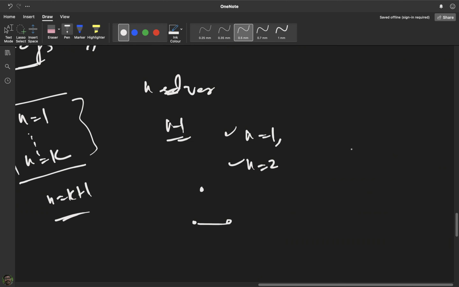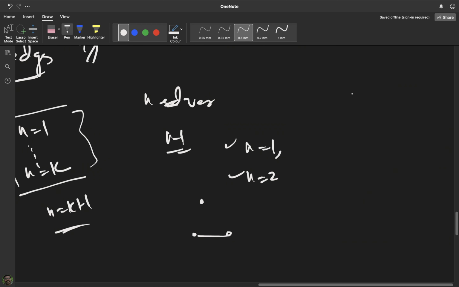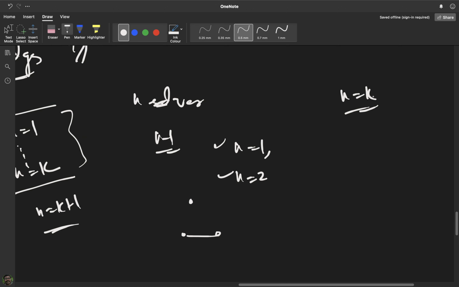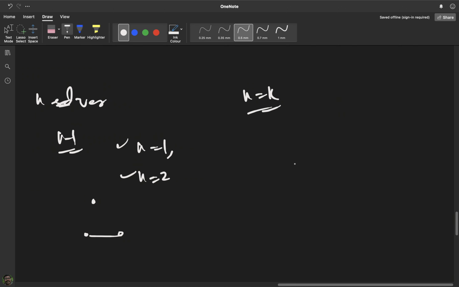We'll assume that this result is true for all trees with vertices up to n equal to k. Now let us take a tree with k plus 1 vertices. If you draw that tree, suppose it has two portions.